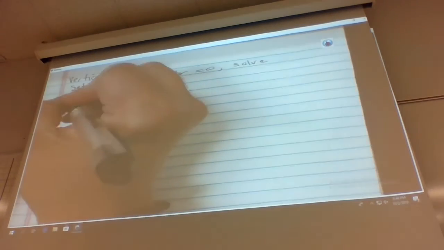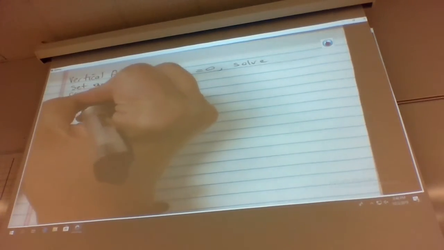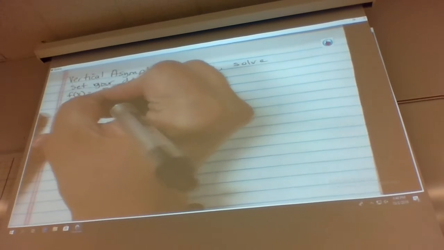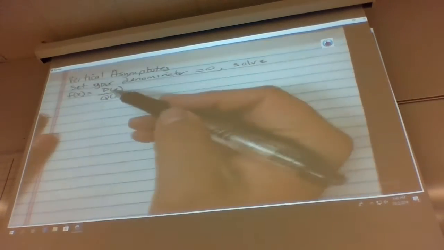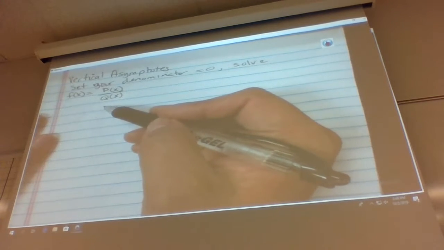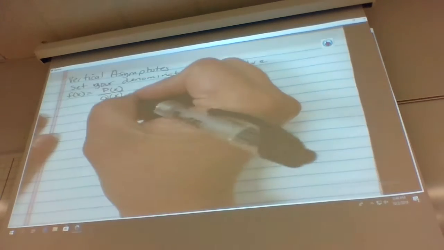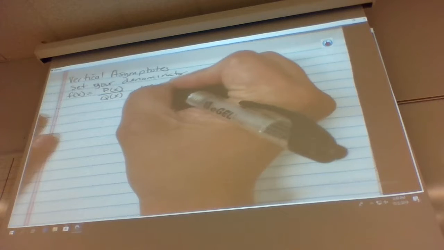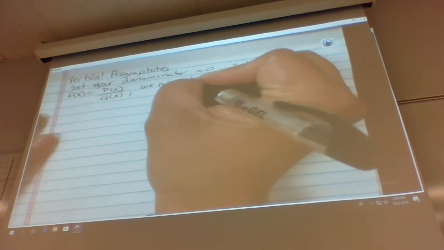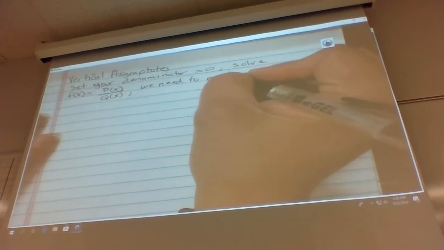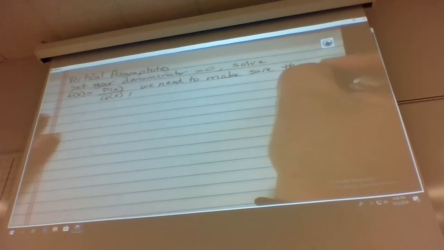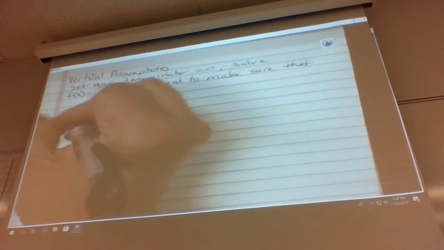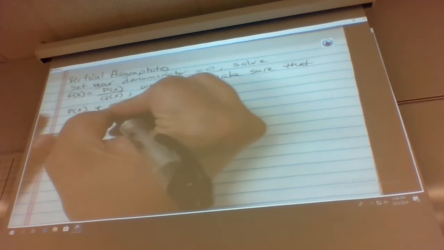When you do this, we need to make sure that p of x and q of x do not have a factor in common.